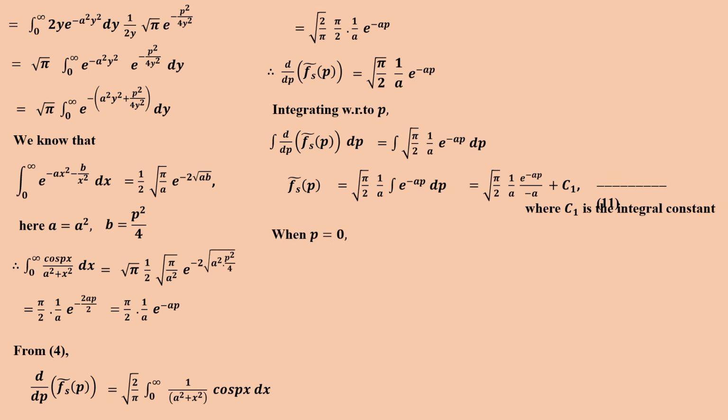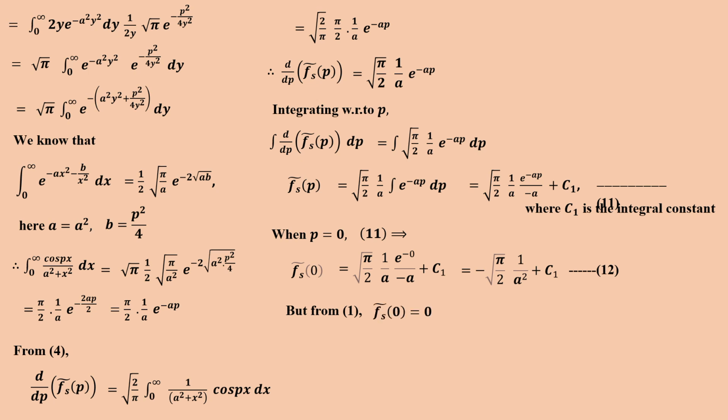When p is equal to 0, equation 11 implies fs bar of 0 is equal to root of pi by 2 into 1 by a e power minus 0 by minus a plus c1, that is equal to minus root pi by 2 into 1 by a square plus c1, which is equation number 12. But from 1, fs bar of 0 is equal to 0, which is 13. From 12 and 13, minus root pi by 2 into 1 by a square plus c1 is equal to 0. This implies c1 is equal to root pi by 2 into 1 by a square.